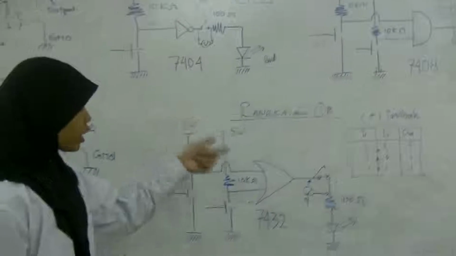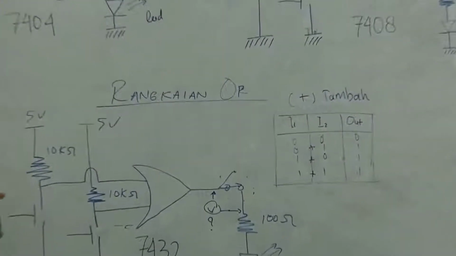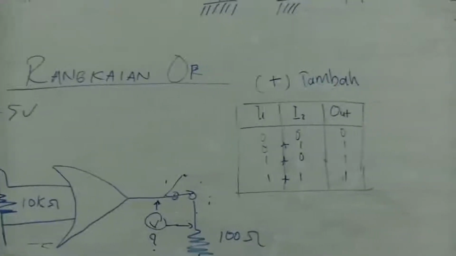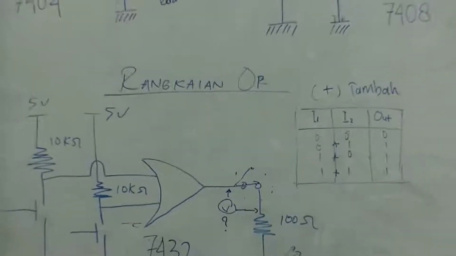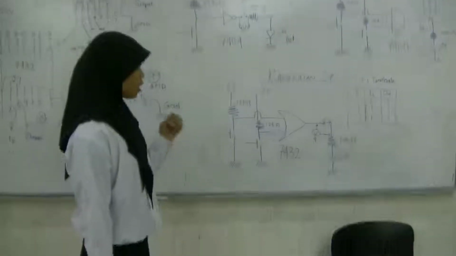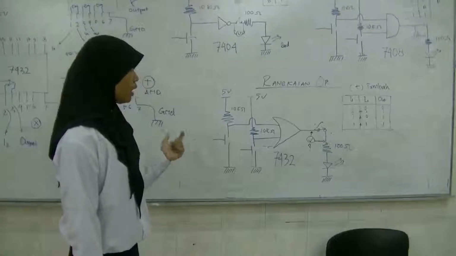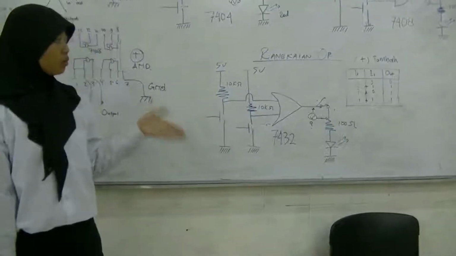And then the truth table. When we give input 1 as 0 and input 2 as 0, we will get the output 0 also. And then when we give the first input low and the second input high, we will get the output high.